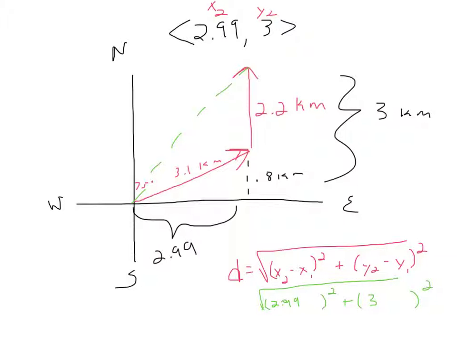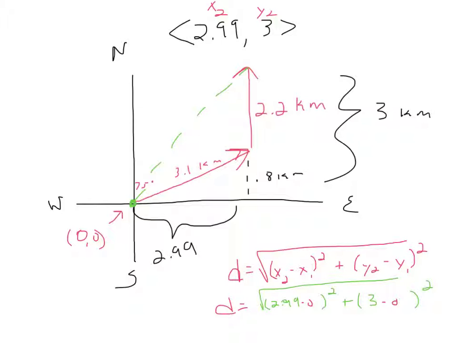Now, the question is, what's my other point? My other point is my starting point. Remember, we started at 0, 0. So I'm going to subtract 0 on each side, and that's going to be the distance that she traveled.